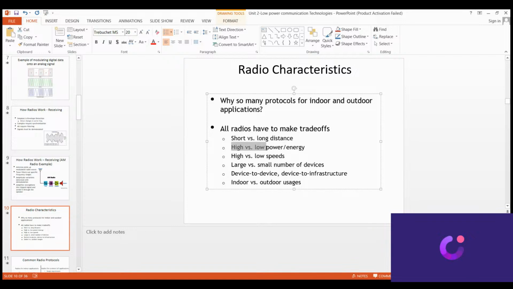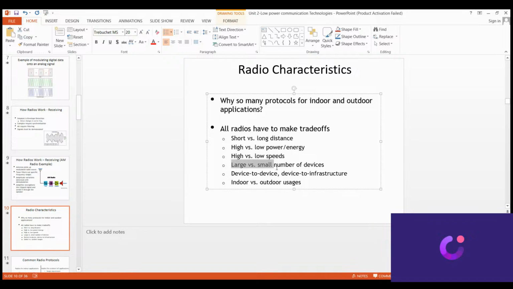Then high versus low power energy. If you are transmitting using a device that uses more power, compared to devices that use low power, then certain considerations must be made. That is what we are calling the trade-off. Then high versus low speed. In terms of speed, again, certain trade-offs must be made.